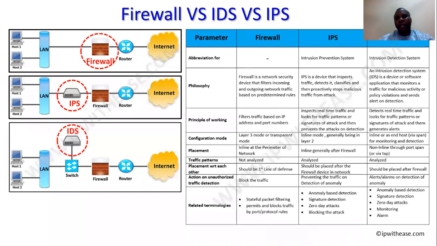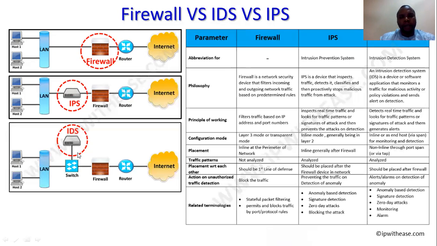So this table here gives us the differences between these three terms: the firewalls, the IDS, and the IPS. And you can see the organization here where you can actually place them. Although the IPS and the IDS can be placed in inline mode, okay, you can even place them at layer 2 of your OSI layer.